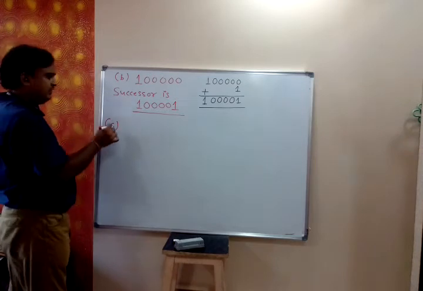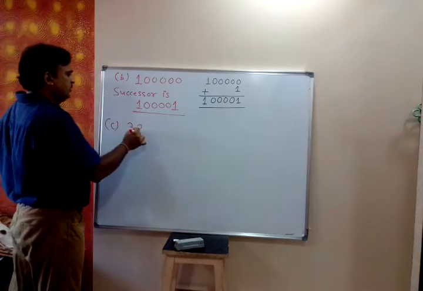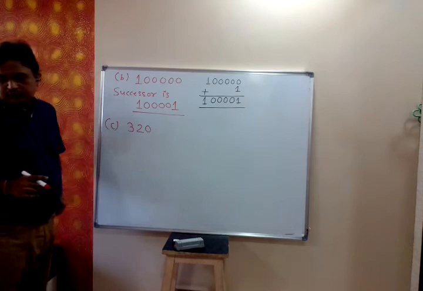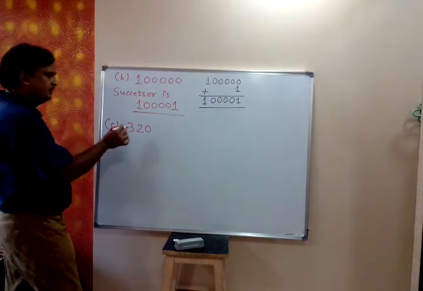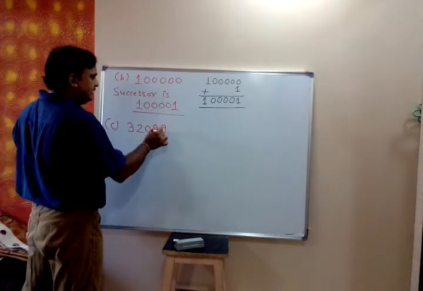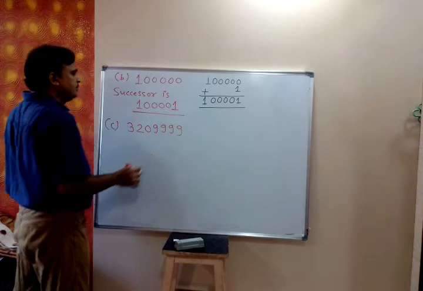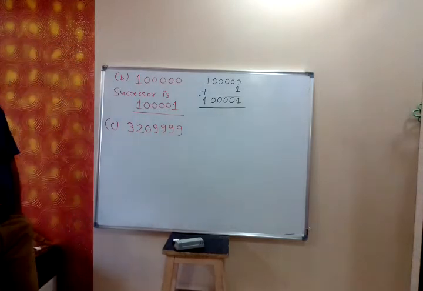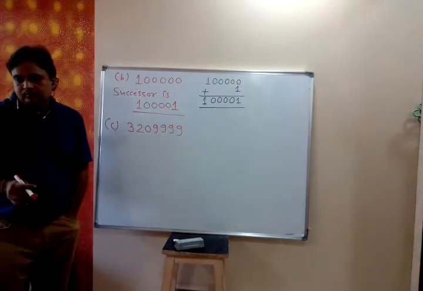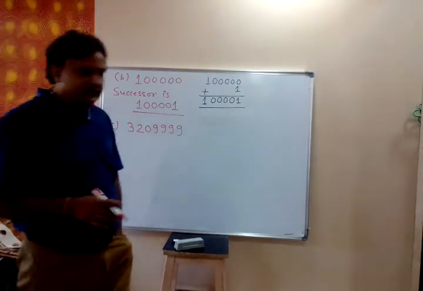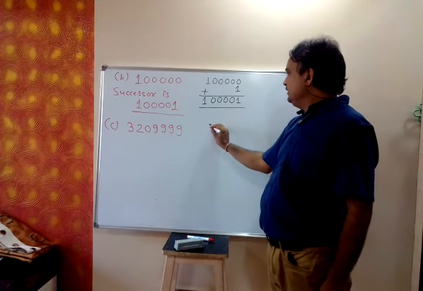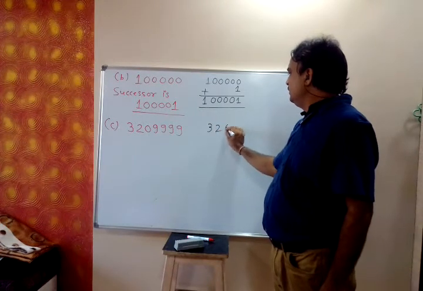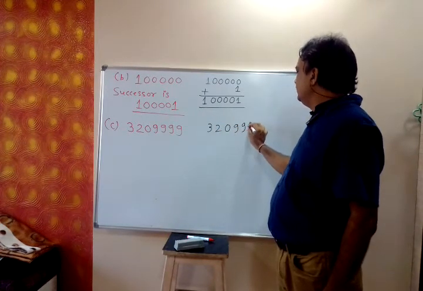The board is now clear. C is 320, then 4 times 9, that is 9999. Now find the successor.